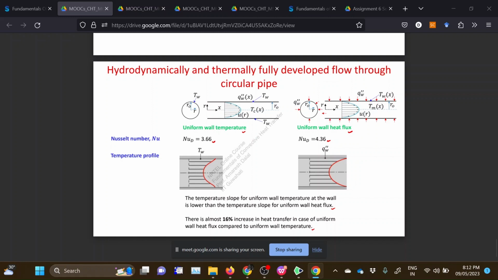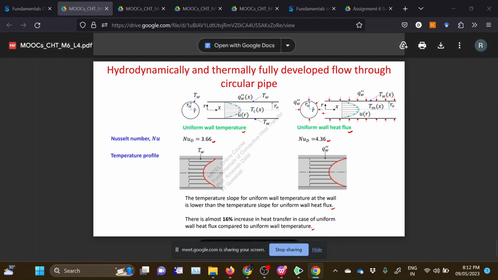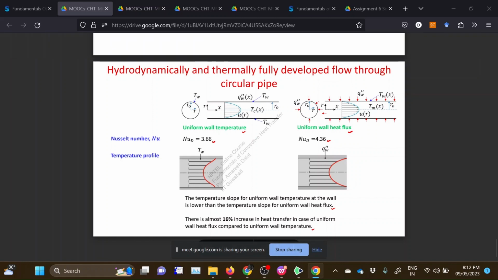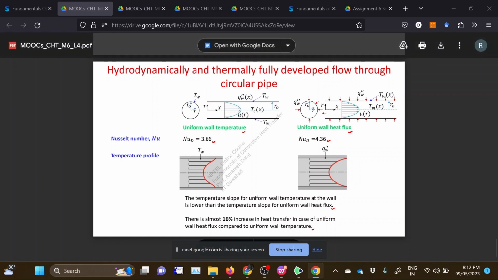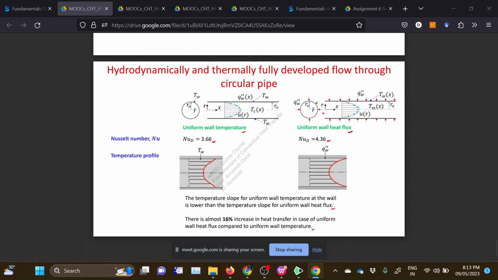Why it is not 16%, but rather what we calculated: from 3.66 for uniform wall temperature, if we go to uniform wall heat flux, what is the percentage increase? My baseline is the uniform temperature case, and the heat flux case is the increased case.